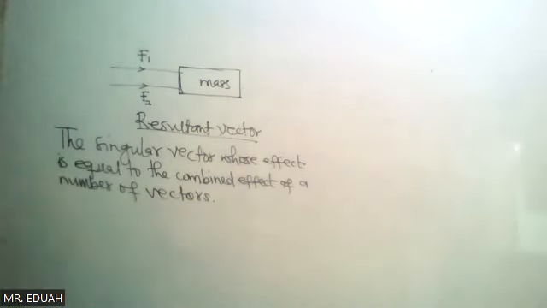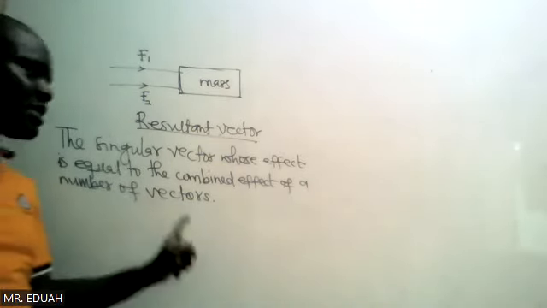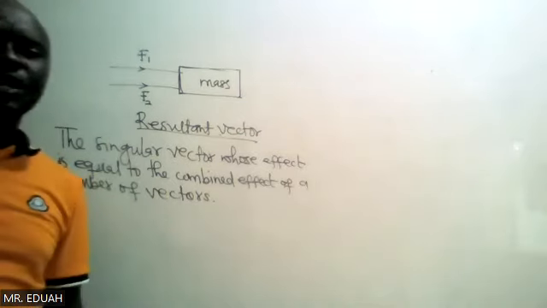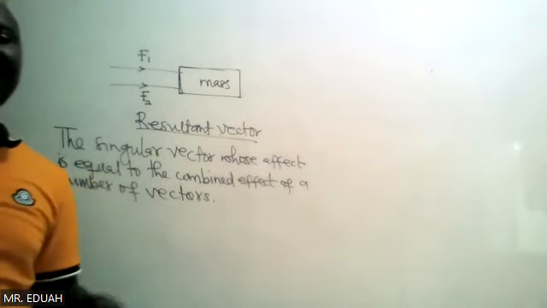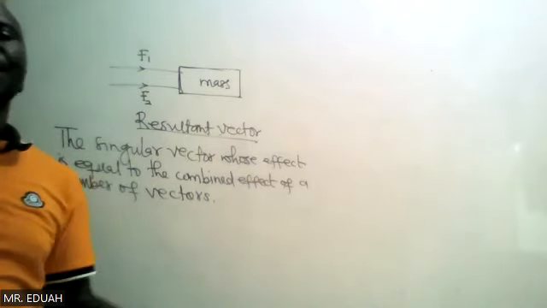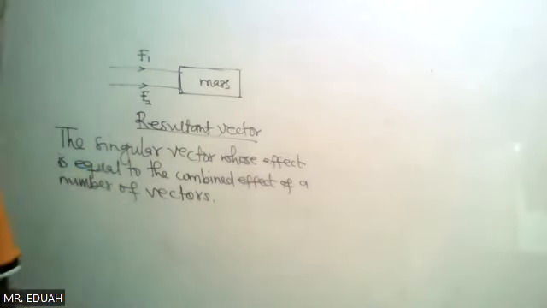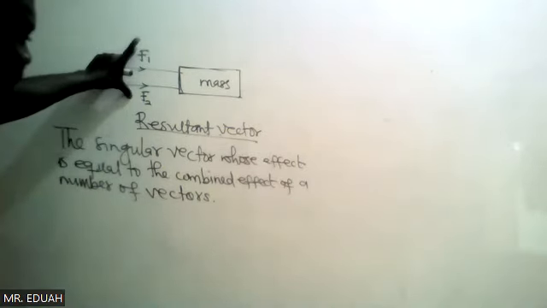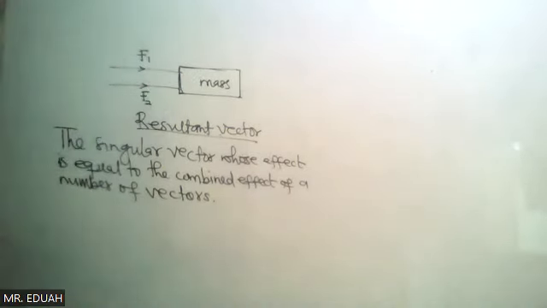So if it's about resultant force, the resultant force is that single force whose effect is the same as the combined effect of a number of forces. Please, are we okay?